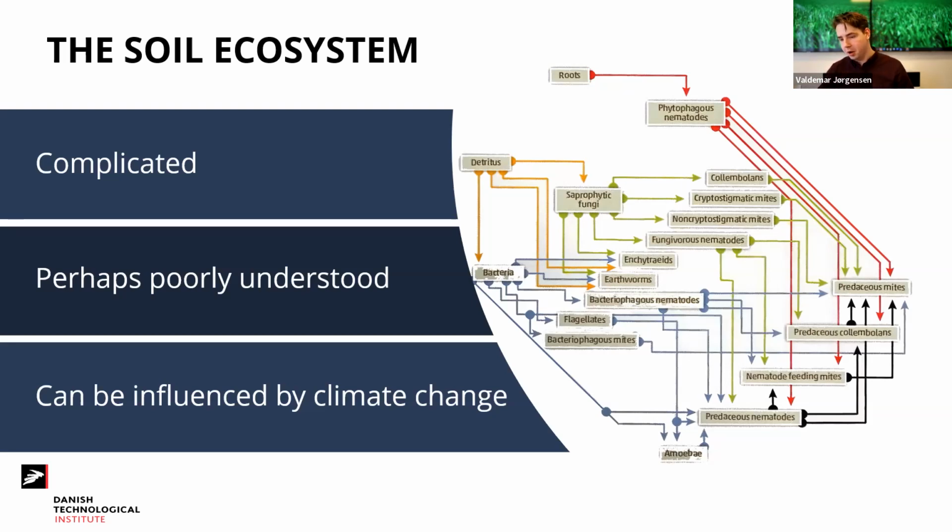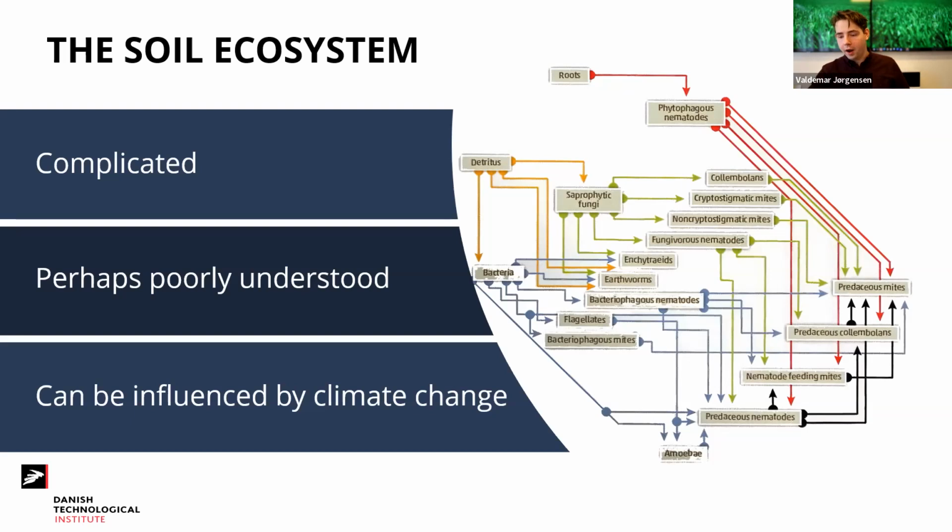We can either try to optimize for biodiversity in general and say we want a diverse microbiome or organism society in the soil, and assume that as long as it's diverse, each of these niches are represented, or we can try to optimize for each one of them, which, I mean, the figure should show why that's perhaps a poor choice.